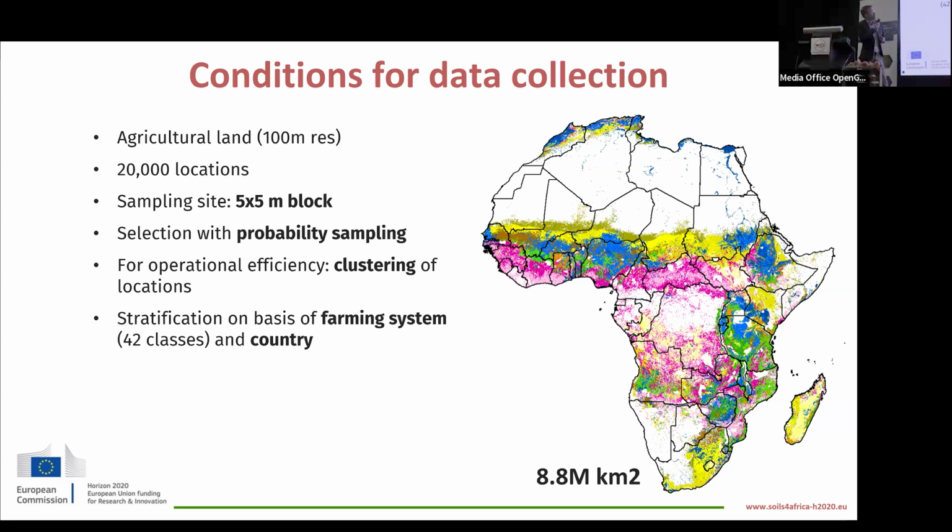And for operational efficiency, because we had to cover a huge continent with this field campaign, we wanted also to cluster some locations so that if a surveyor arrives at a certain location, he can do a couple of locations that are within, say, walking distance. And we also stratified our sampling locations based on farming system. We have an updated farming system map with 42 classes and country.